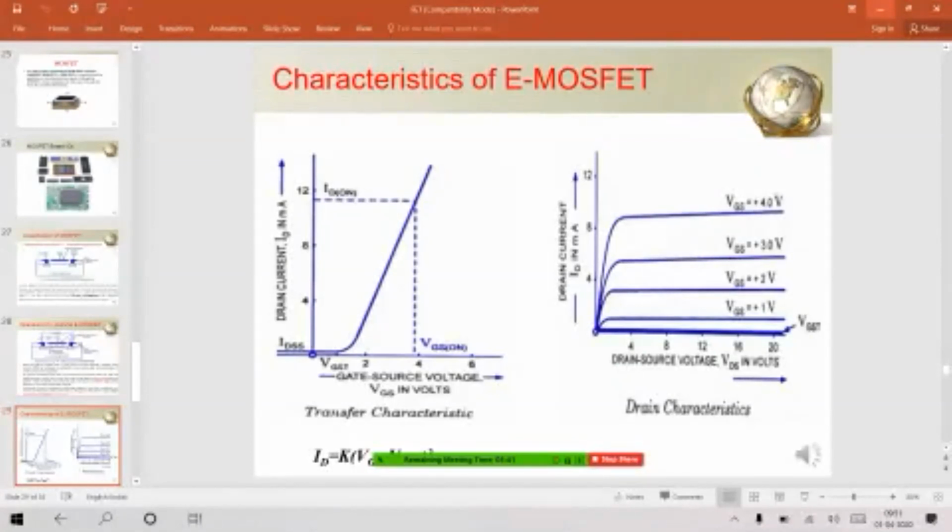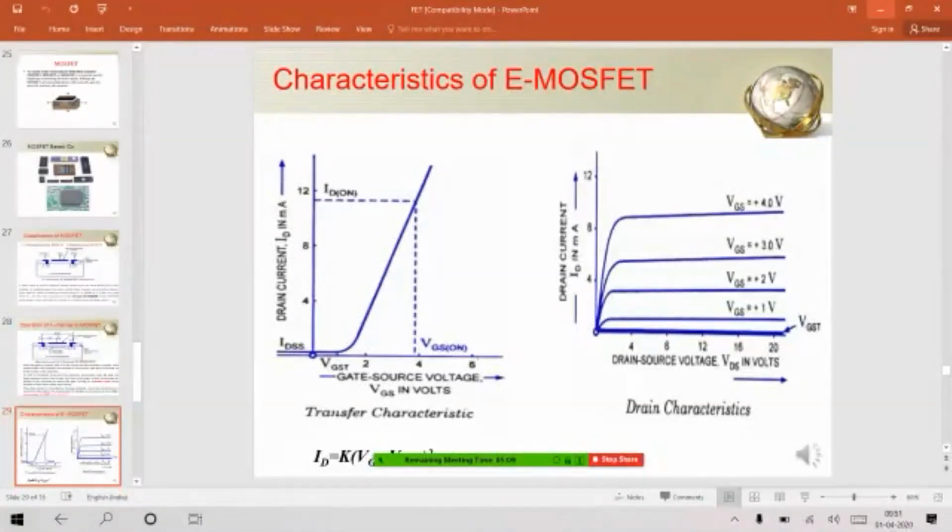So what it means? VGS has more control over the current. Here also you can see ID current increases up to this point. After that it is constant. Means VDS variation doesn't have much control over the device. Only VGS 2 volts instead of 1 volt, you have given 2 volts. So the magnitude of the current is increased to this, right?